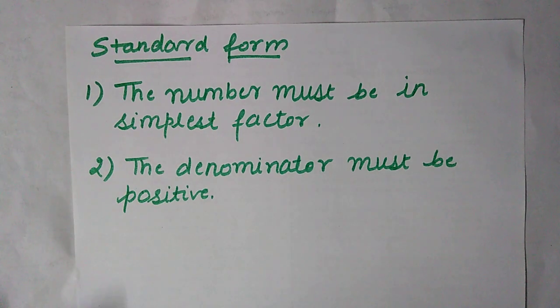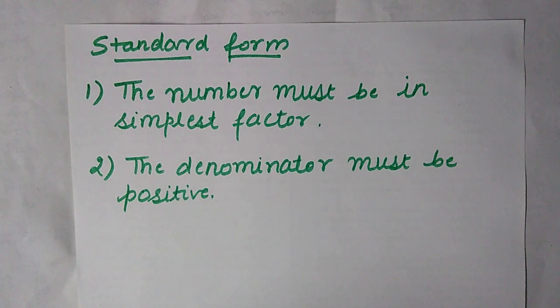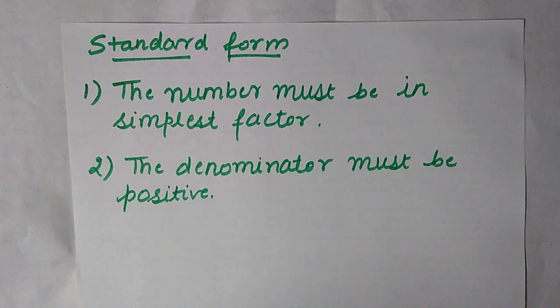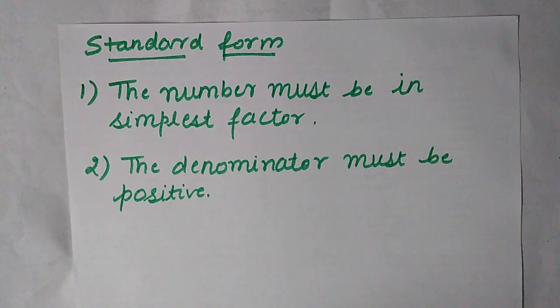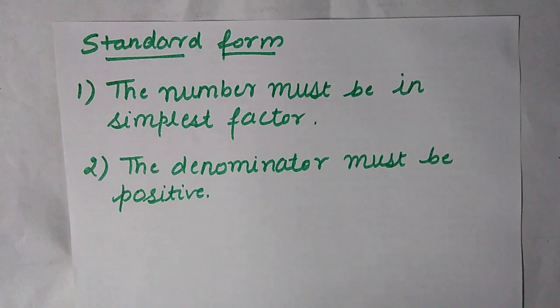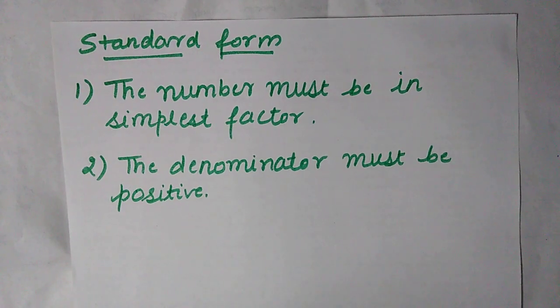Some examples of rational numbers are 2 by 3, minus 7 by 3. After that, we learned how to find rational numbers between any two rational numbers. Then we learned how to represent rational numbers on a number line.